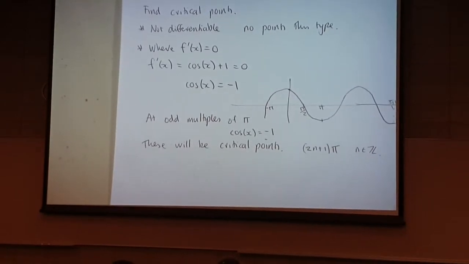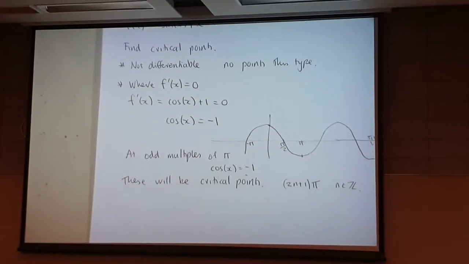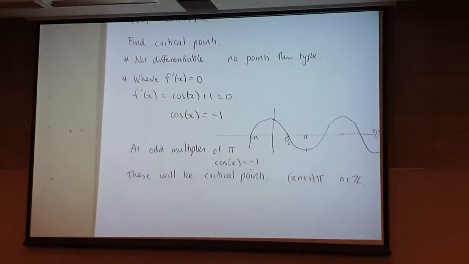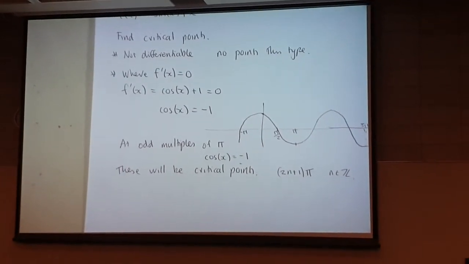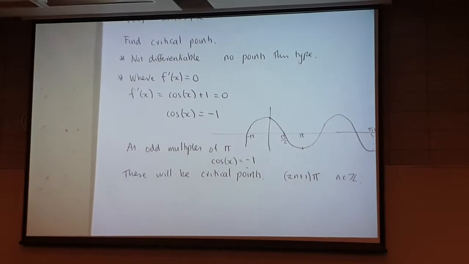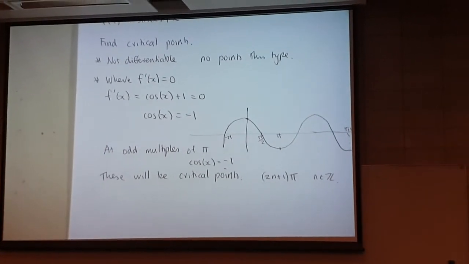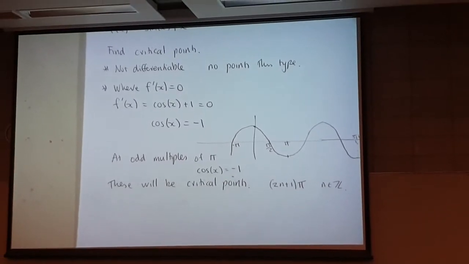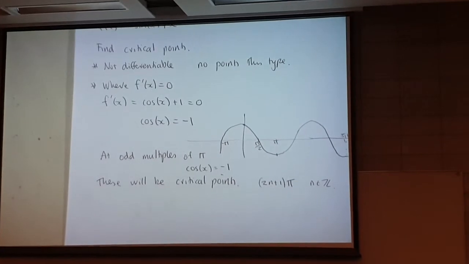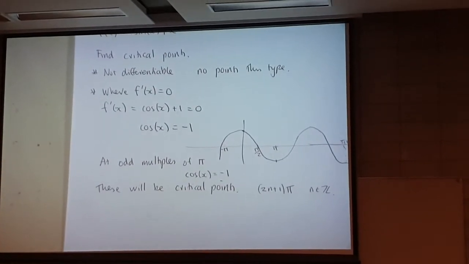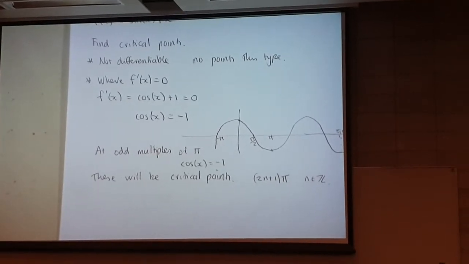Now we need to know whether they're local maxima, local minima, or neither. Or maybe some of them are one and some of them are another. Okay, but let's just have a little bit of a think about what the first derivative test is telling us. It tells us if the derivative on one side of a critical point is positive and on the other side is negative, then if it's positive on the left and negative on the right, it's going to be a maximum.